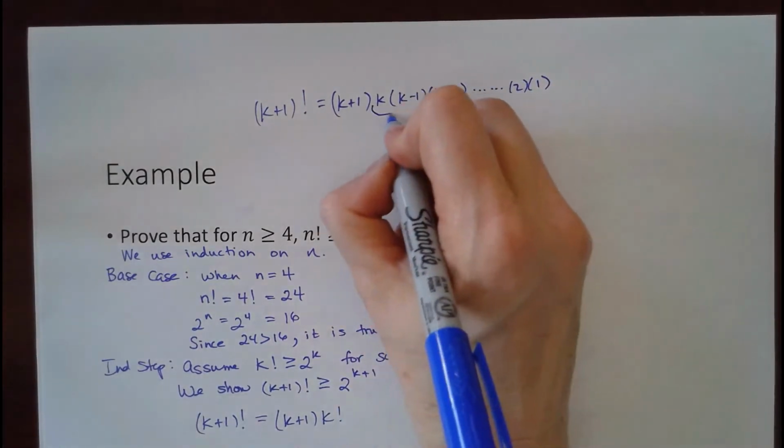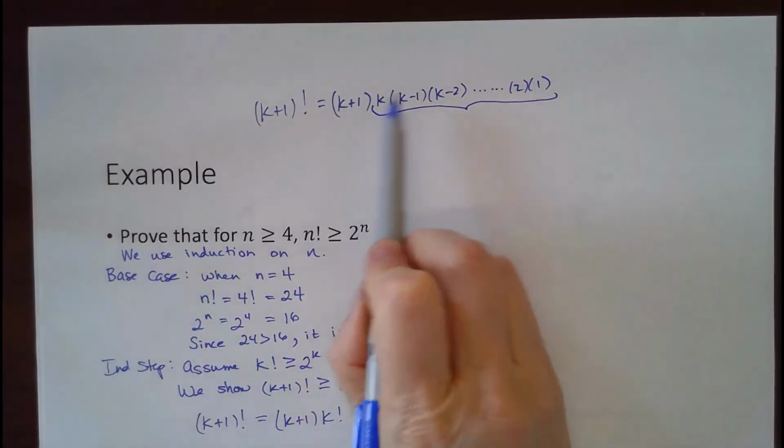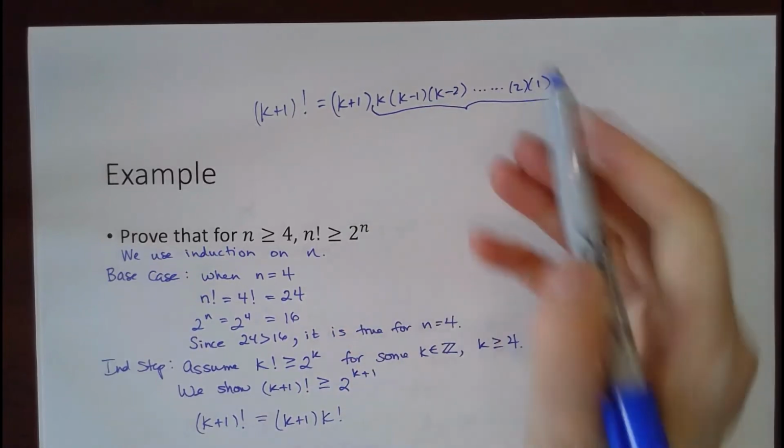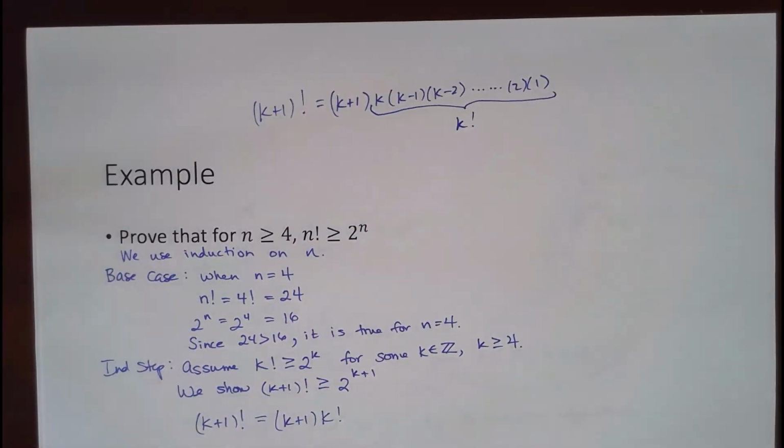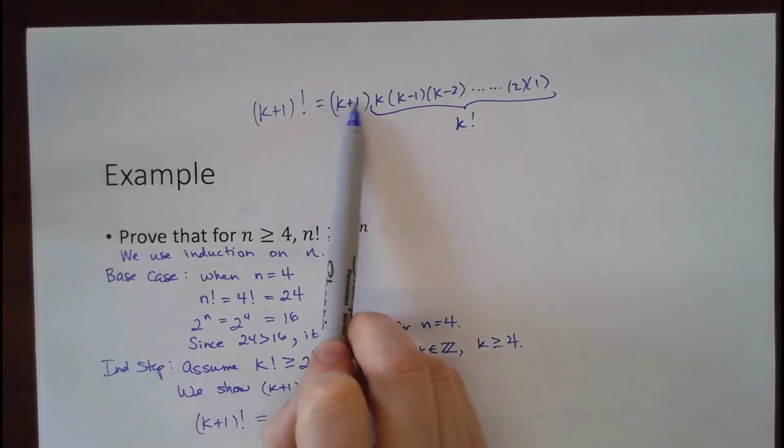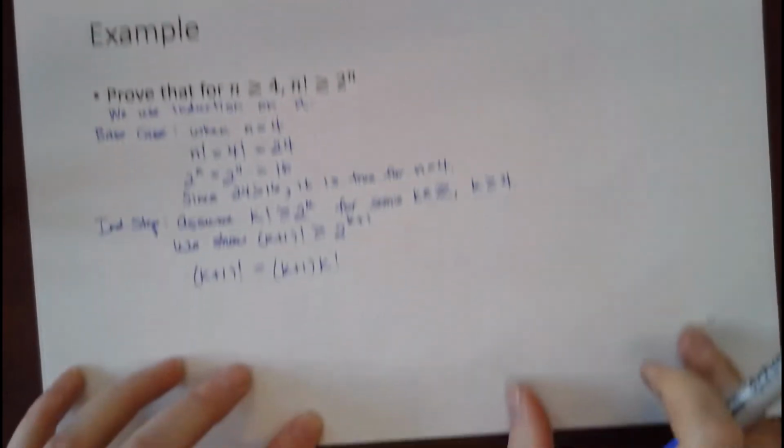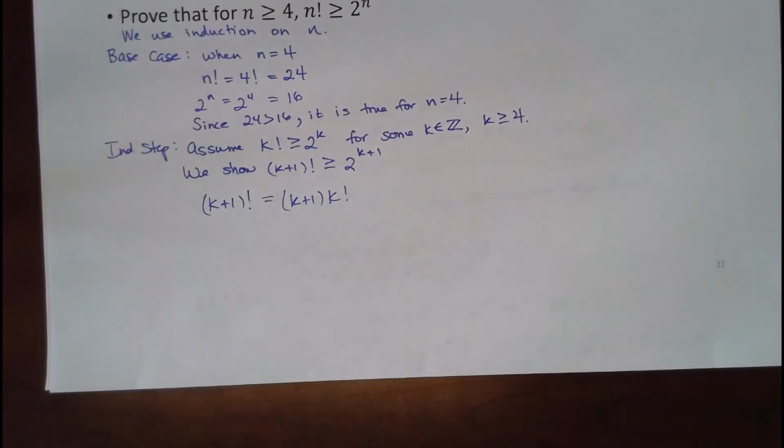But k times k minus 1 times k minus 2 and so on is just k factorial. So that's why this is equal to k plus 1 times k factorial. Very similar to pulling the last term off of a summation, but this is like pulling the last term off of a product.